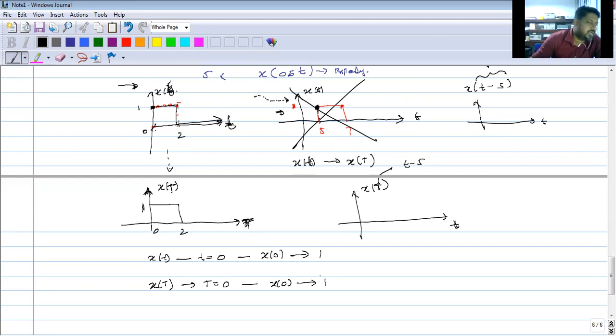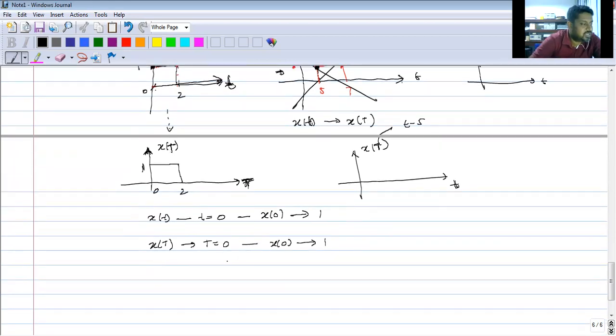But now we are not going to plot this x(T) with respect to T. We are going to plot this x(T) with respect to simple t.